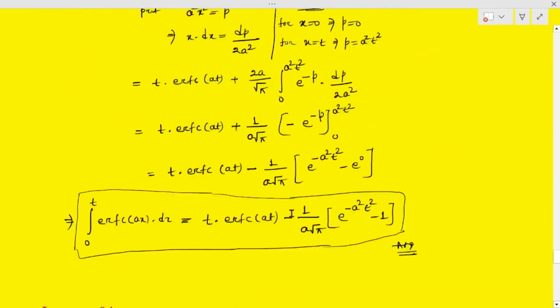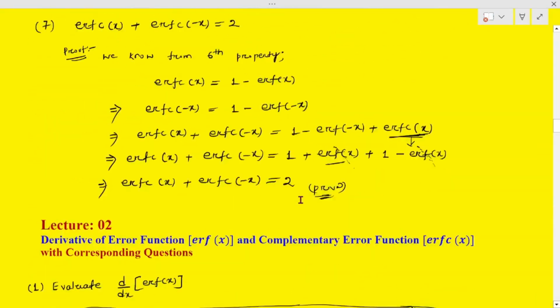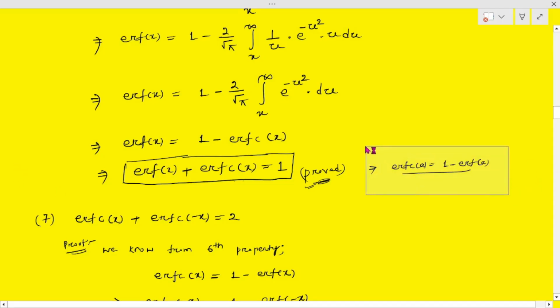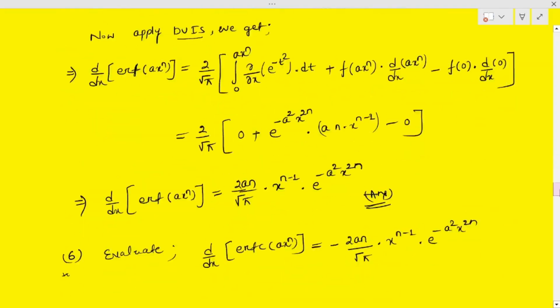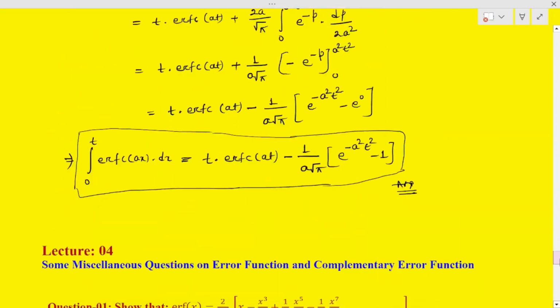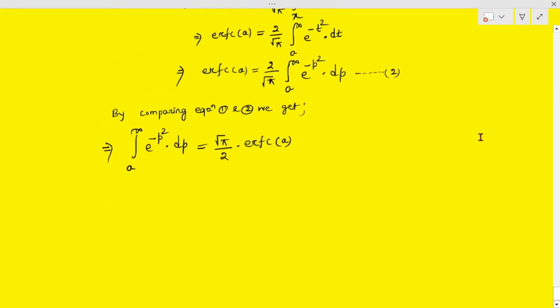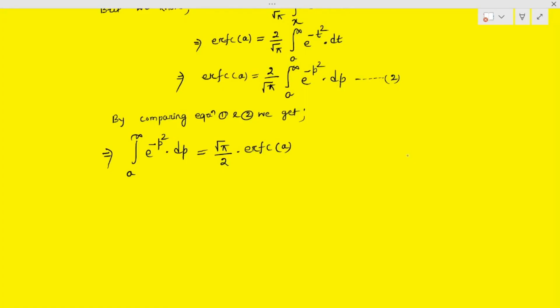One property we have already studied about the error function and complementary error function: error function of x plus complementary error function of x equal to 1. If I consider this property, then the complementary error function of a can be written as 1 minus error function of a. So instead of the complementary error function of a, we can write 1 minus error function of a.